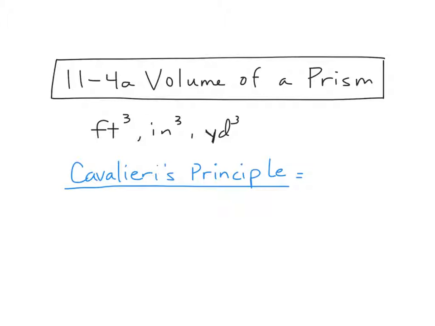So Cavalieri's principle says this: if two space figures, so two three-dimensional figures, have the same height and the same cross-sectional area, so if I took a cross-section out of 3 figures, 4 figures, however many figures we have, and the area of each of those cross-sections was the same, and they have the same height, then they will have the same volume, okay?